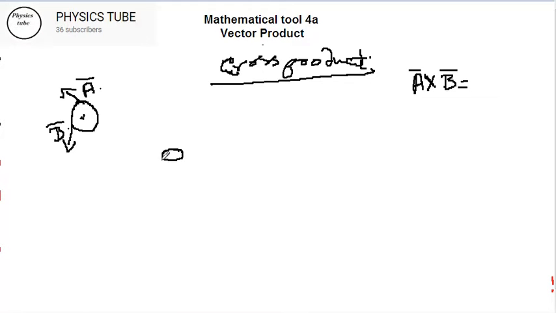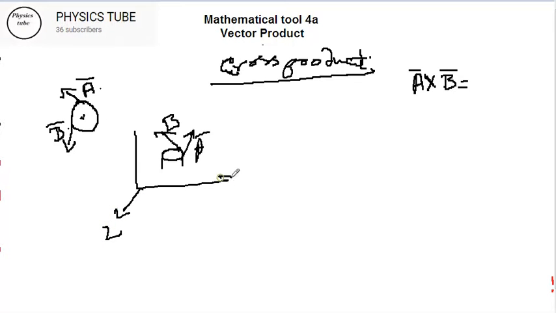It is somewhat like this. If you have the coordinate system and the bottle is somewhere in the coordinate system, and I want to make the bottle move, one force is acting in this direction, another in this direction, two fingers, which is making the bottle move. That means these two, A and B, are in this plane. This is my Z axis, this is my X axis, and this is my Y axis. A and B, I could not draw properly.